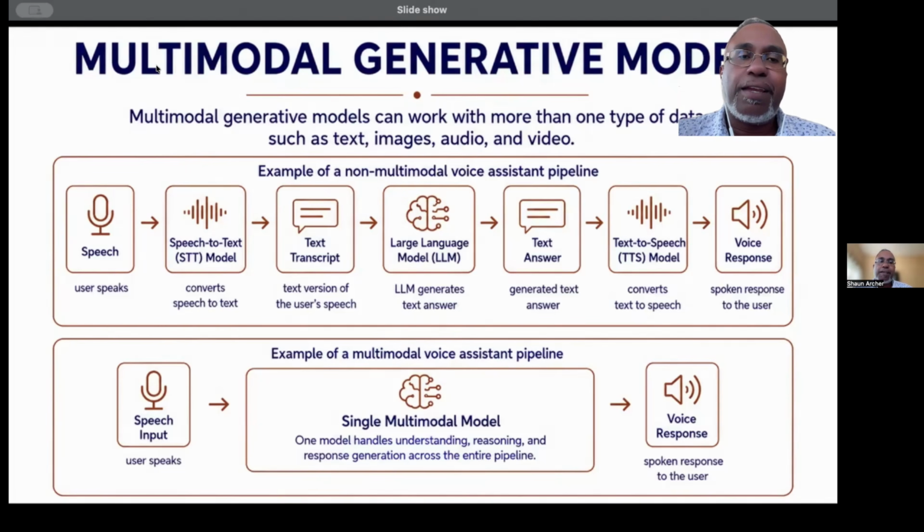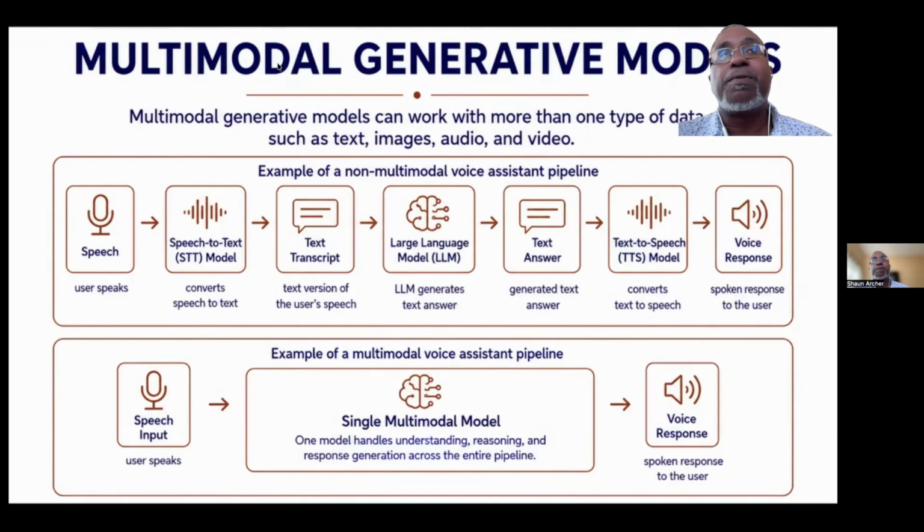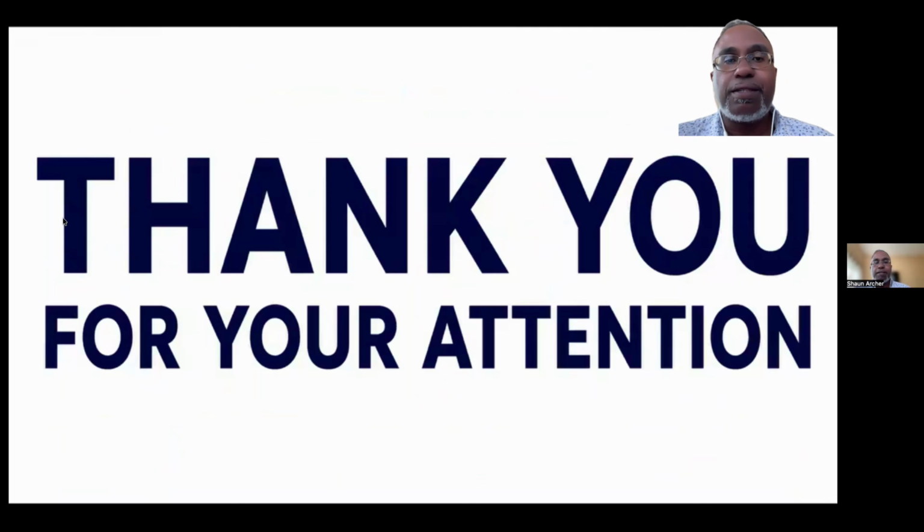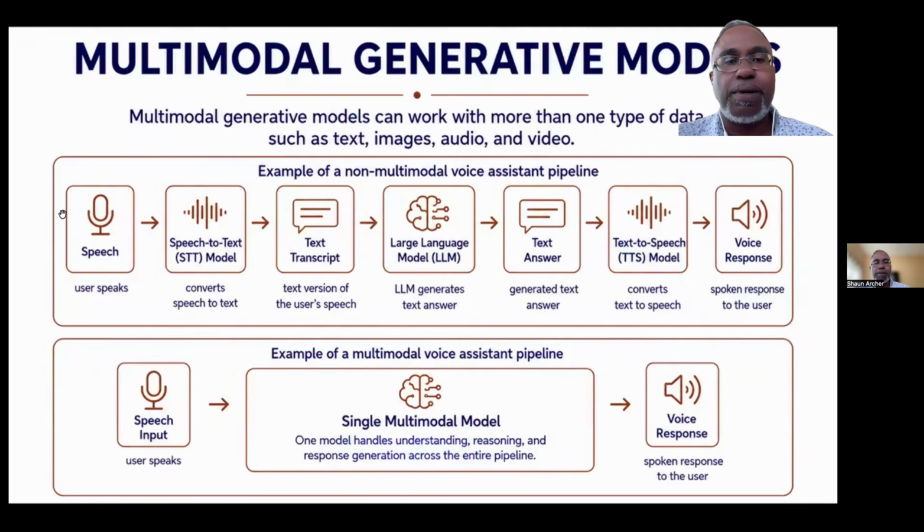Back in the day, the way that had to work, because each type of foundation model did its own thing, this is the way it kind of had to work. When you say something to the model, it has to go through a speech to text model that takes those spoken words and turns them into text.